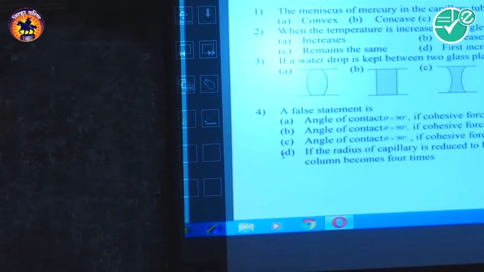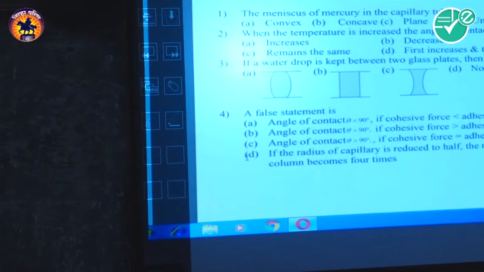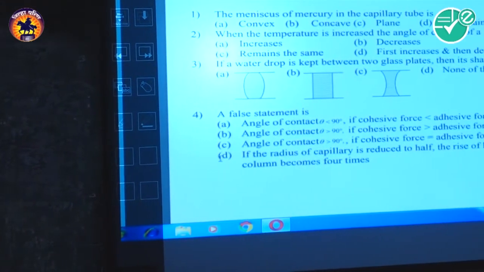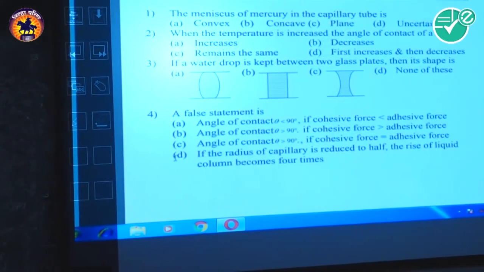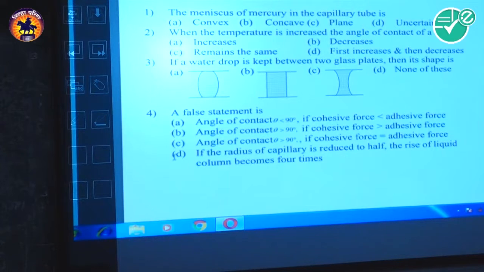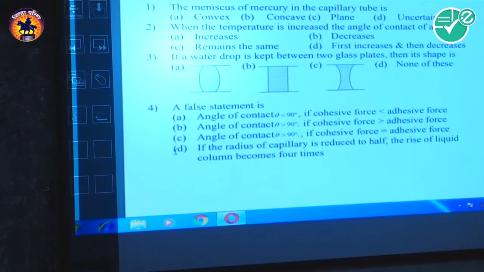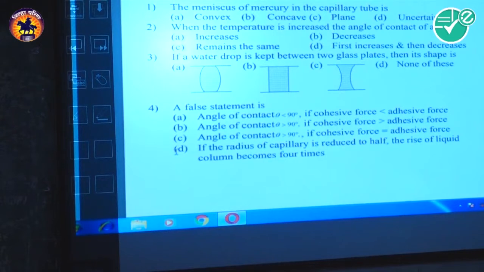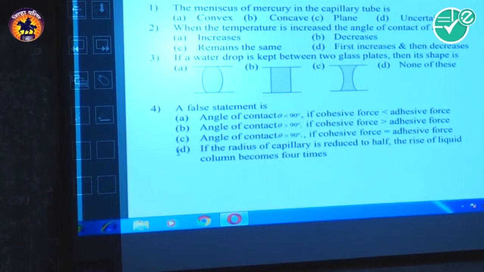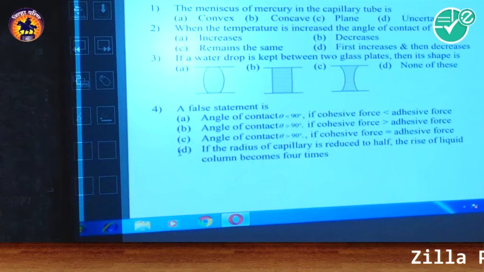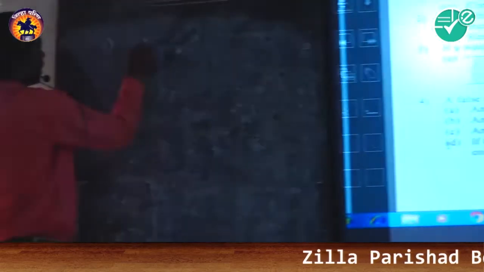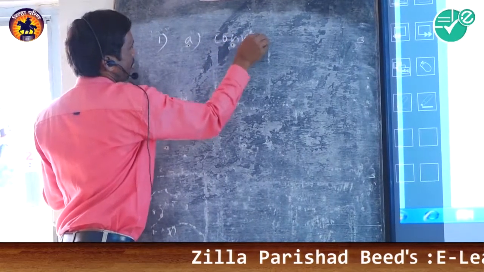Here the mercury comes in contact with the capillary made of glass material. In this case mercury does not wet the glass surface, so it forms an obtuse angle of contact. So obviously the mercury surface in contact with the glass is convex upward. It means option A, convex, is correct.